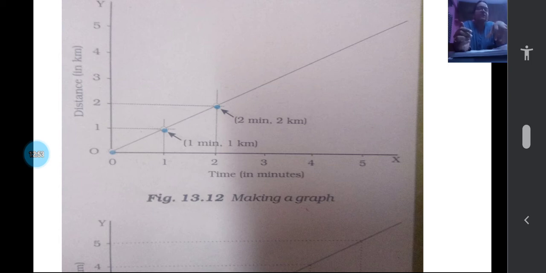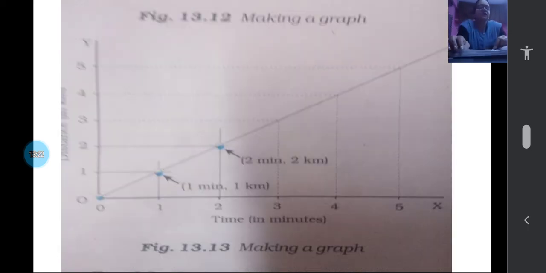So by using these graphs, not only can you find out whether the motion of the car or any object is uniform or non-uniform, and the speed of the car, but also the time taken to cover a particular distance, and for a particular time, the distance. That is called instantaneous time and instantaneous distance covered.